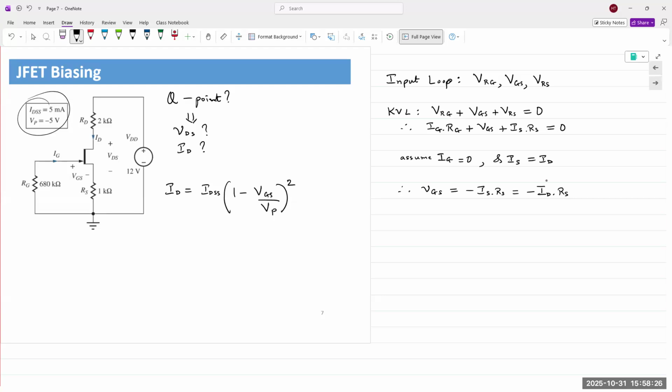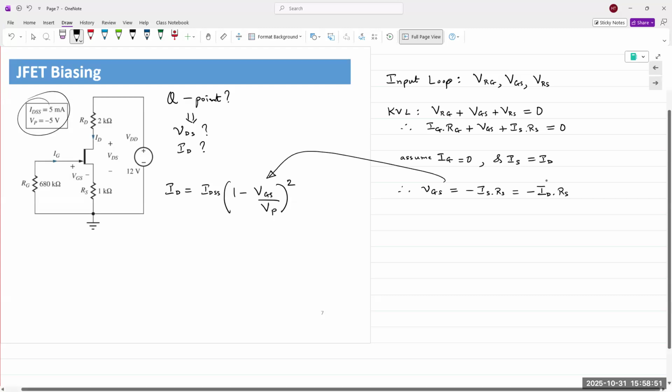So what do we do from here? We have the equation on the left, which is the standard equation for ID, the drain current, and we obtain the circuit equation by applying KVL. We can plug this relationship into the equation for ID, because ID has this VGS, and VGS is unknown, it's not given to us.